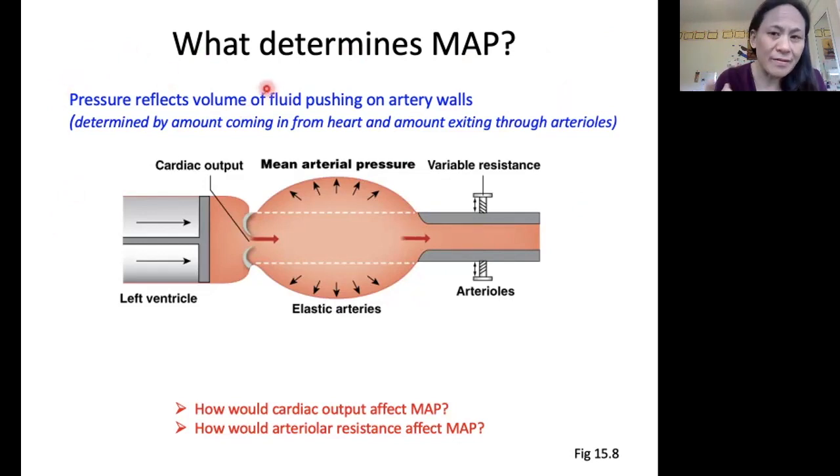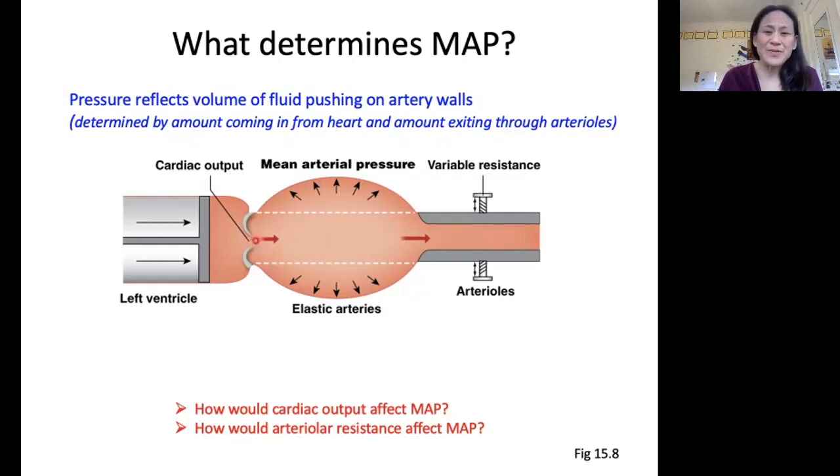The more blood we have in the arteries, the more we're going to be pushing against the artery walls, and the higher our pressure will be. That volume in turn is affected by how much blood is coming into the arteries from the heart and how much is exiting the arteries through the arterioles.